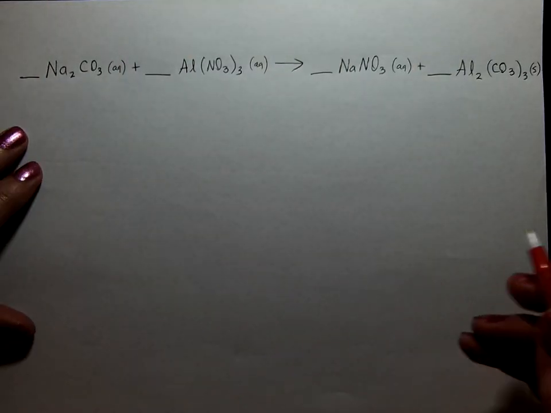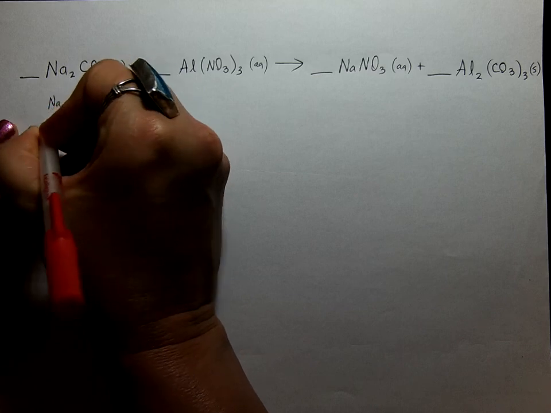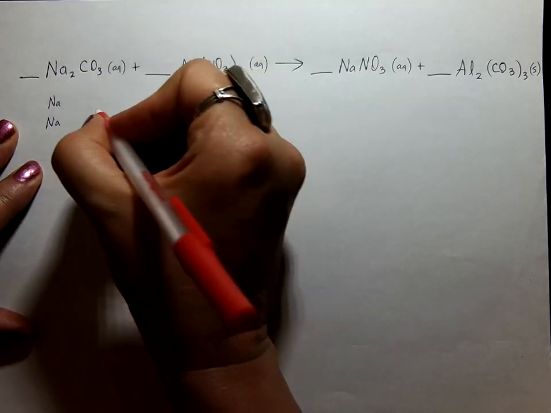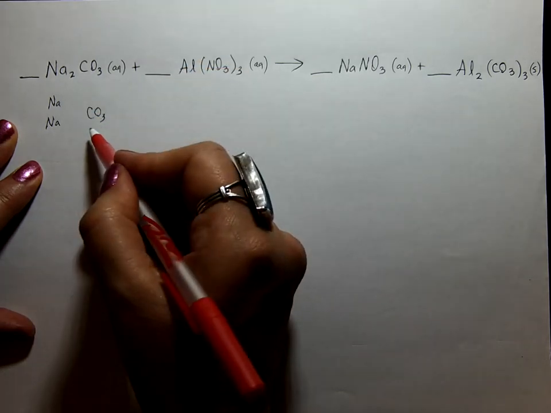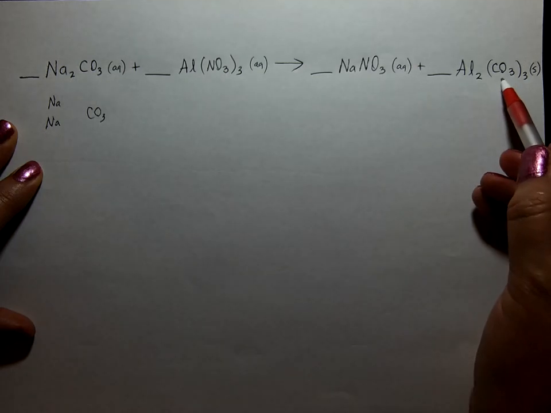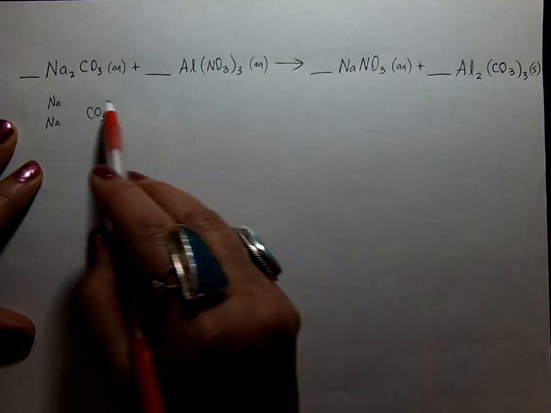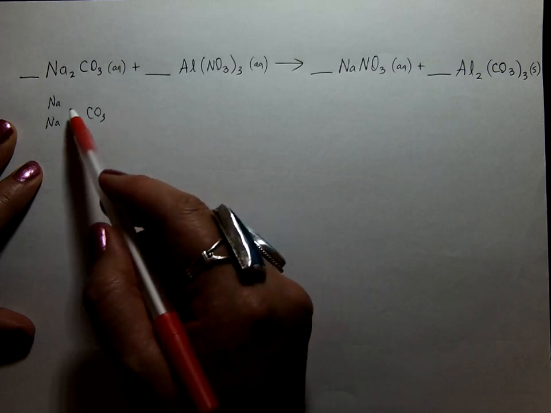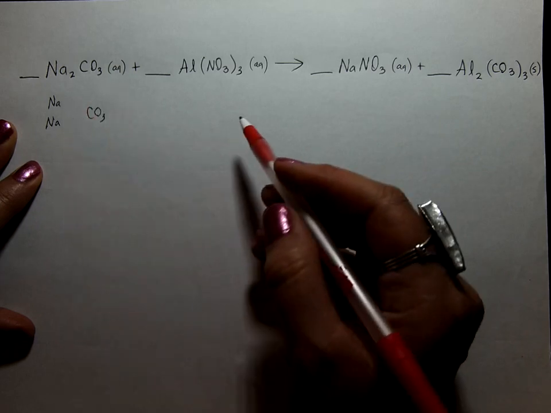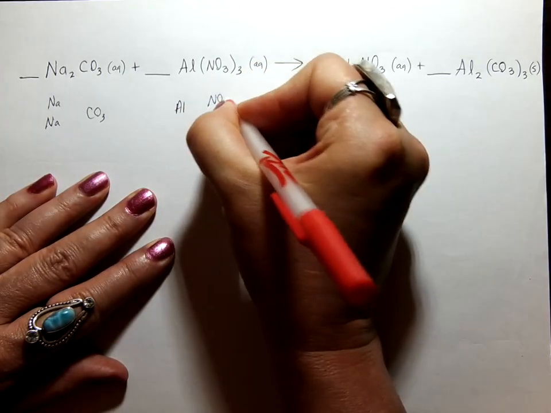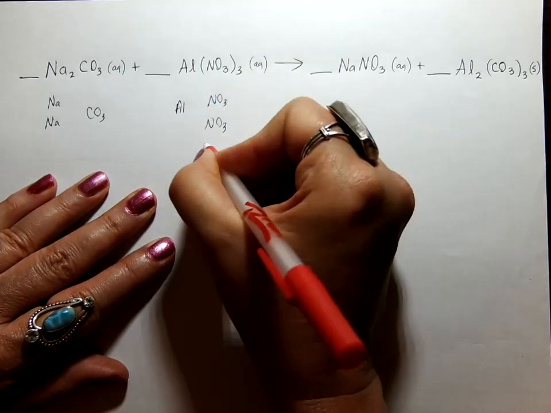So watch this. I have 2 sodiums, and I'm going to count this as 1 CO3 group. I'm not going to do C and 3 O's because I have CO3 on both sides. So if you have a polyatomic ion on both sides, balance it as a group. This is 1 CO3. Now I have 1 aluminum and I have 3 NO3s.